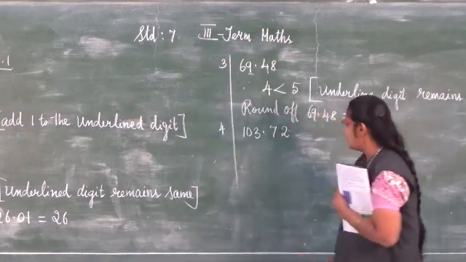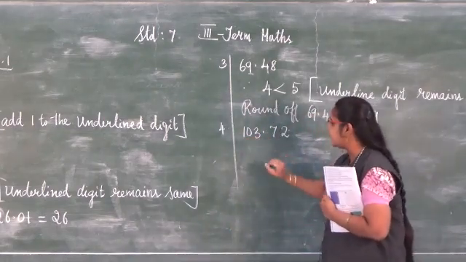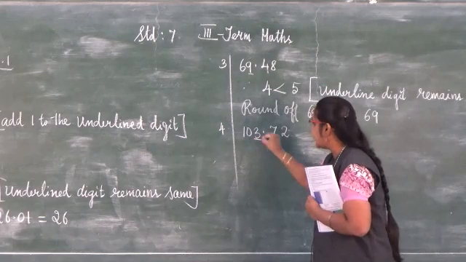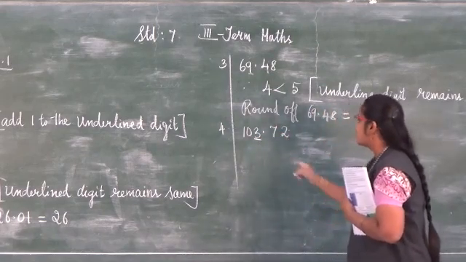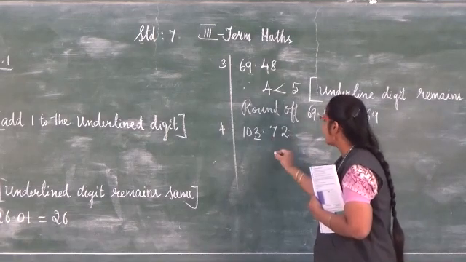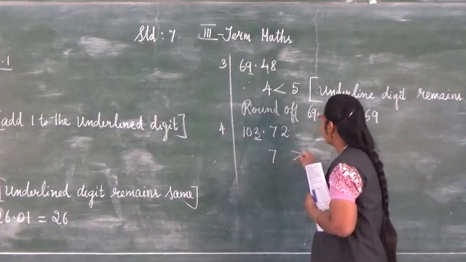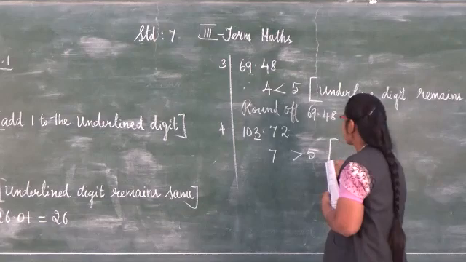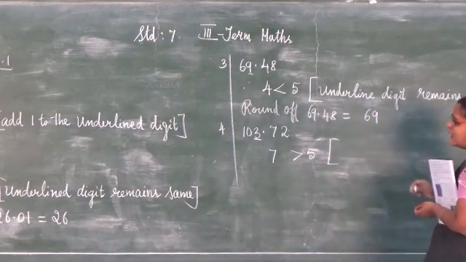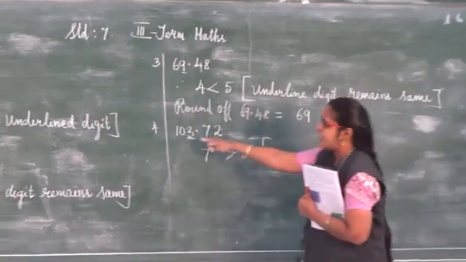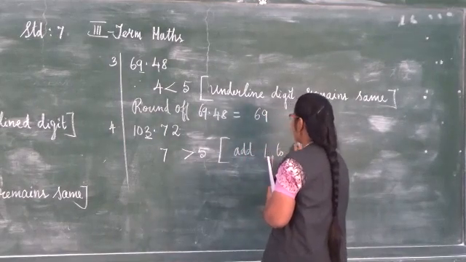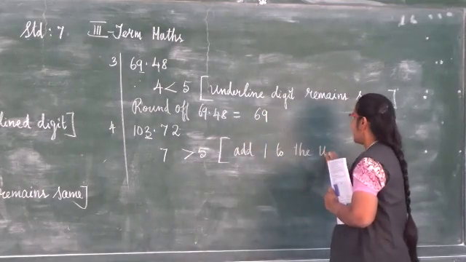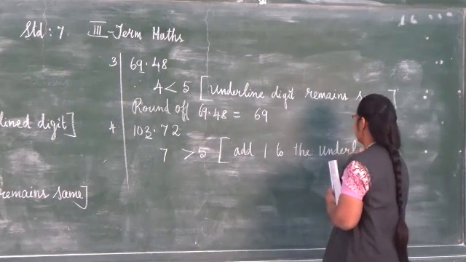103.72. The whole number part is 103, so we underline 3. The next number is 7. 7 is greater than 5. If 7 is greater than 5, what is the condition? Add 1 to the underlined digit.